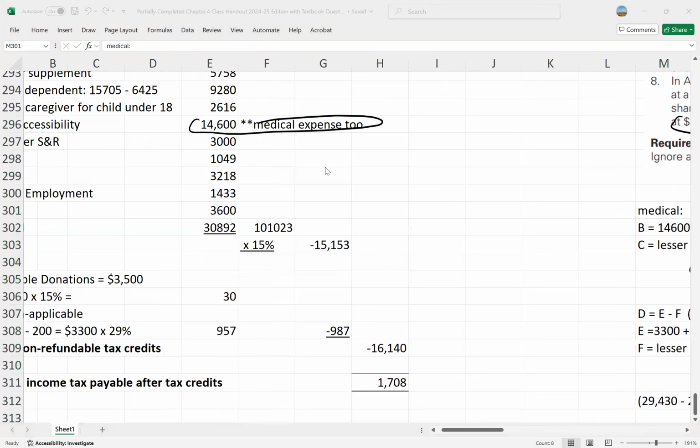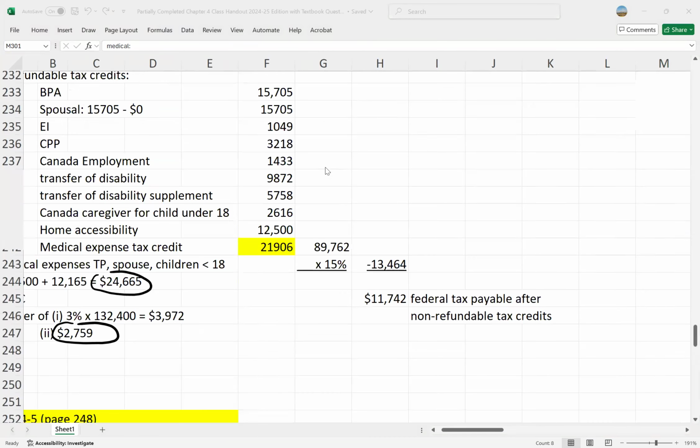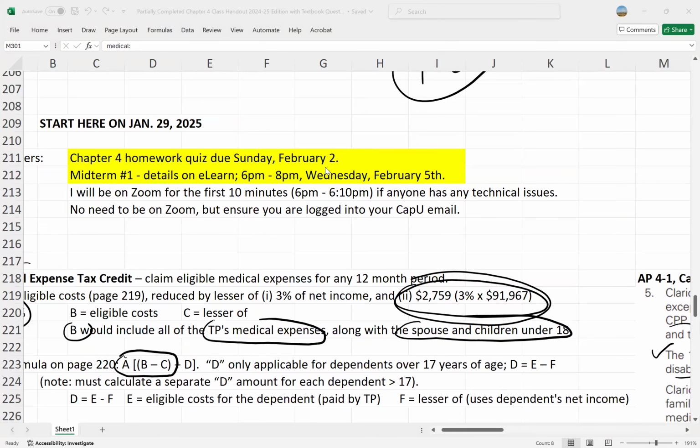Now, once again, with the midterm next week, make sure that you start on time, because it is time limited to 120 minutes. So if you start at 6 o'clock, it will end at 8 o'clock. I did leave a little bit of leeway. So let's say you start at 6:01, then you'll get until 8:01. But I didn't leave a lot of leeway.